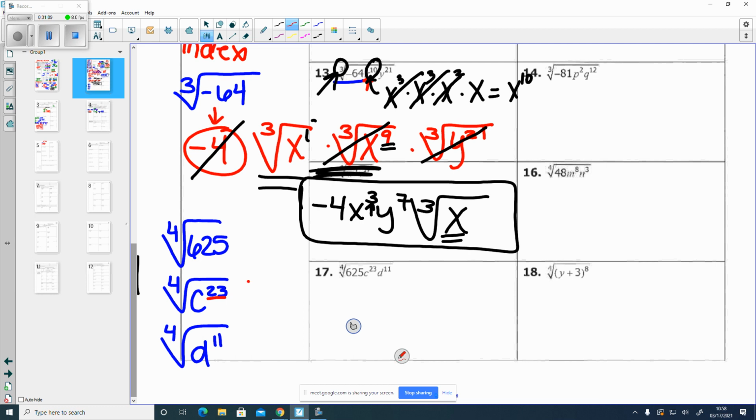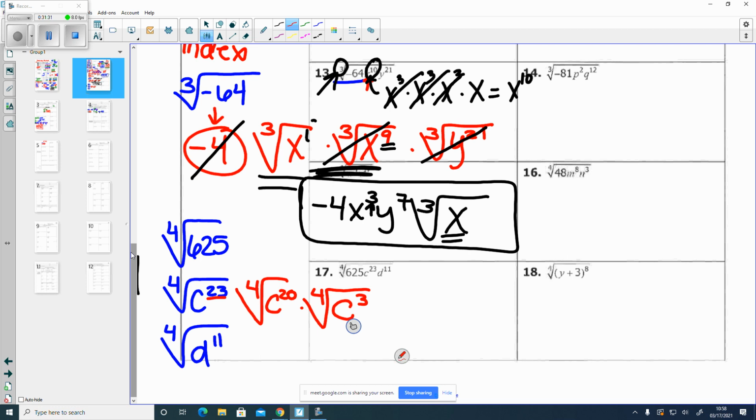So I can do the fourth root of c to the 20th. And then how many are left to get me back to the 23? 3, right? Does everyone see how we split that? Does it help to see it that way, maybe?